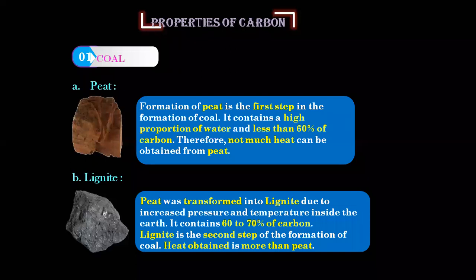So lignite becomes the second step in the formation of coal, and therefore more heat will be obtained as compared to peat. It is there in the textbook, but I want you all to underline or write down the important points I am telling you. When we talk about peat, it contains less than 60% of carbon. When I say lignite, it contains 60 to 70% of carbon, and this becomes the second step in the formation of coal.